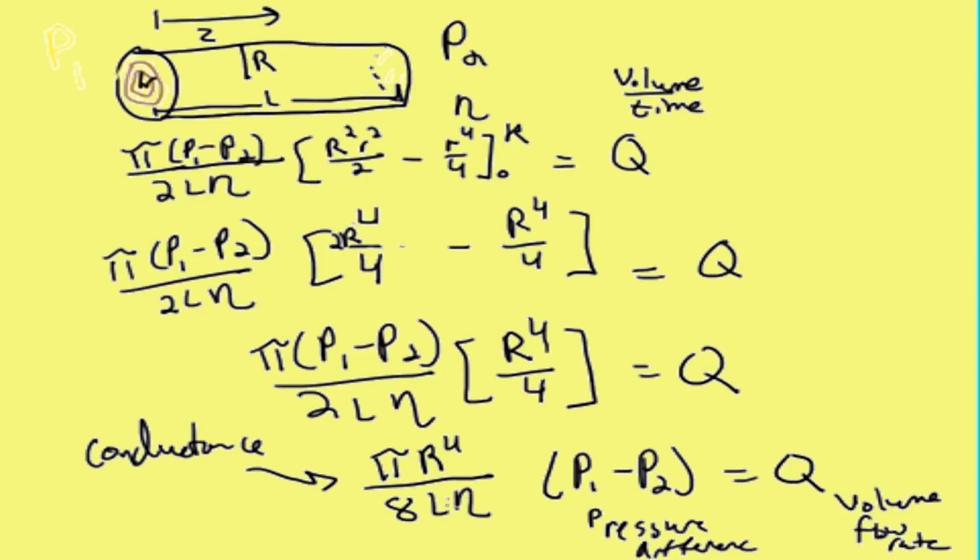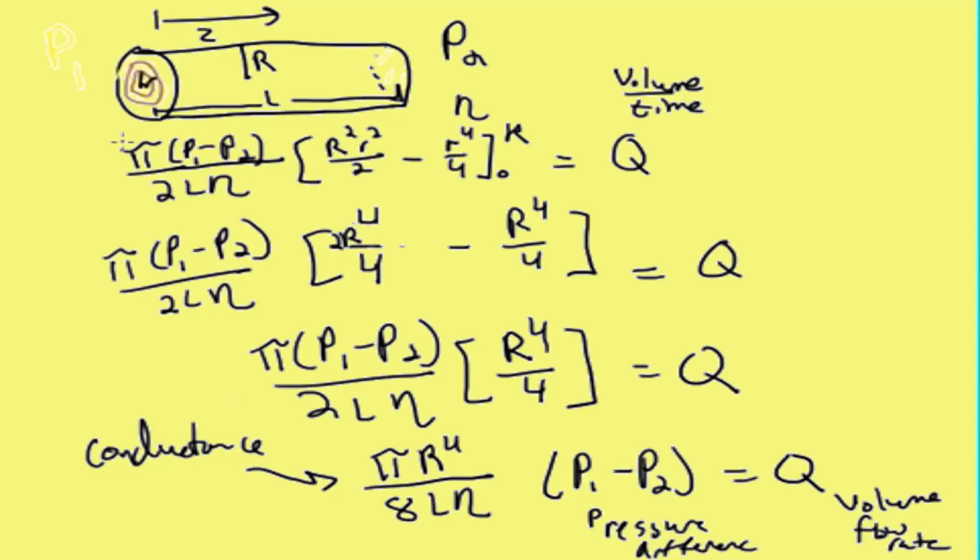is a measure of how hard or easy it is to flow through a pipe, and that it's drastically dependent on the radius. Some people say exponentially, this isn't exponential, this is to the 4th, but still, this is going as the radius to the 4th, which is even more drastic than a volume.